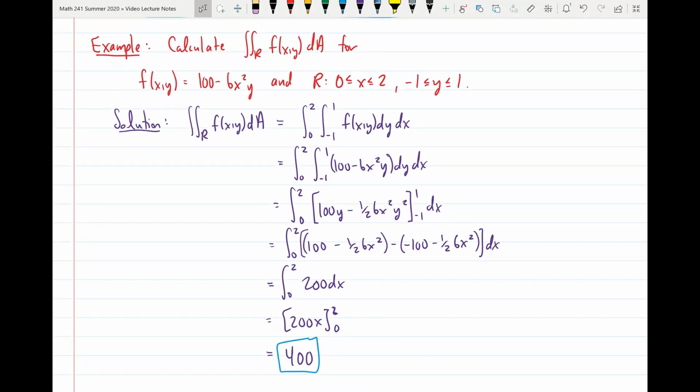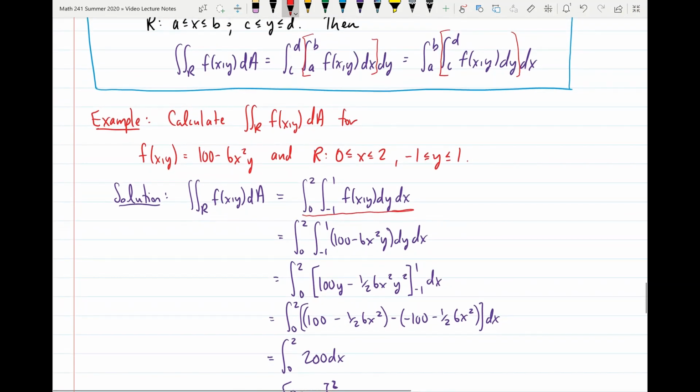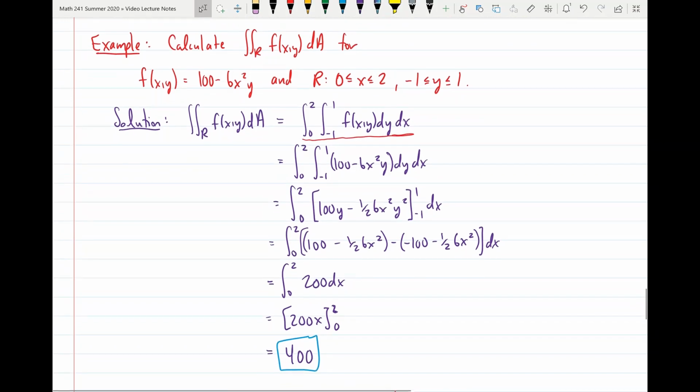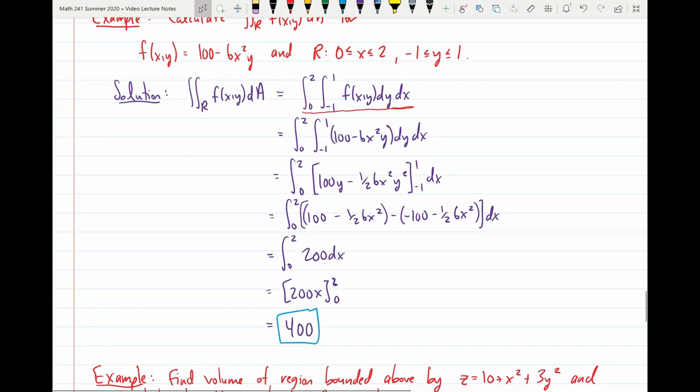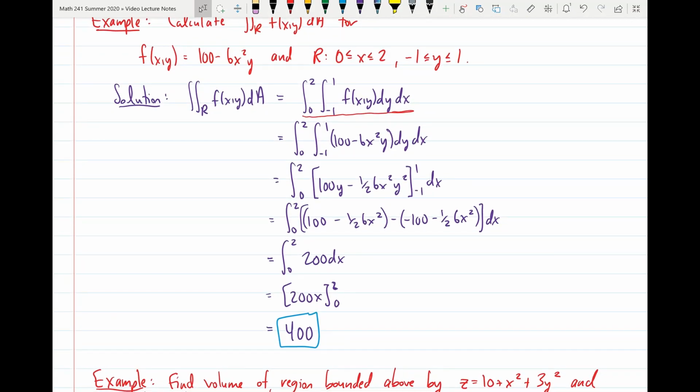Well, by Fubini's theorem above, this double integral over R of f of xy will be equal to the following iterated integral, where we're integrating with respect to y first and x second, just because I chose to do it that way. Again, Fubini's theorem says we can do it in either order, so I just chose to integrate with respect to y first. And we evaluate the inner integral first.